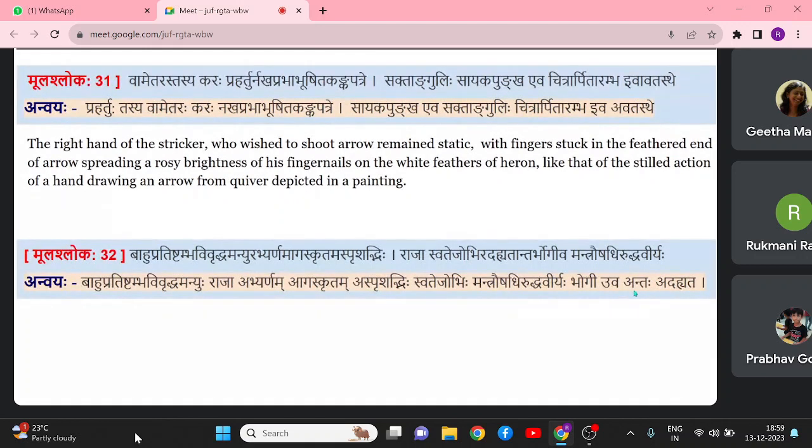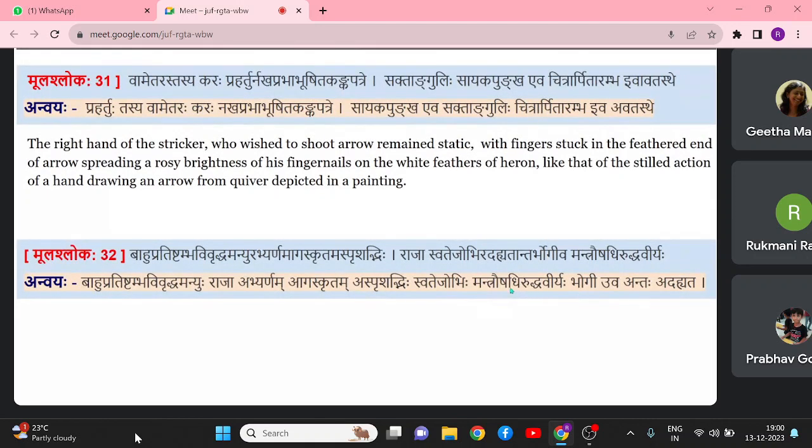Let's come back here. Antaha adahyata. He was burning within. There was this fury that is killing him inside, because the lion is right in front of him and he cannot do anything. He is helpless. That upamana is given wonderfully by Kalidasa.